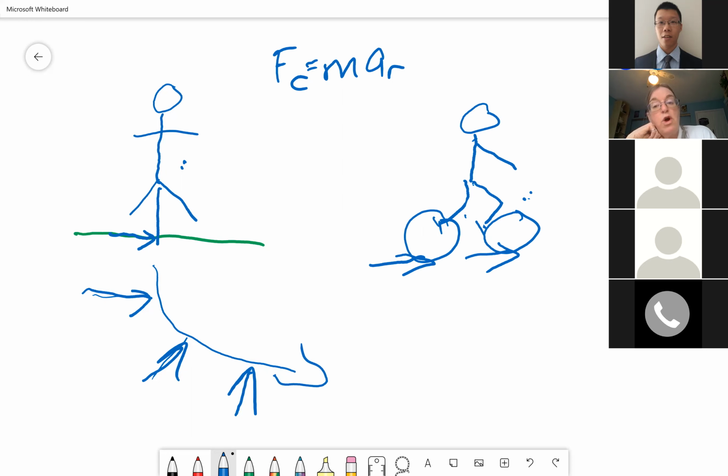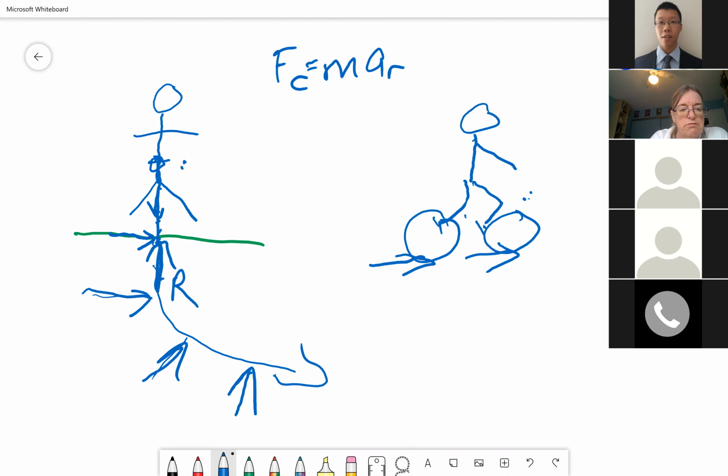Is that correct? No. If you're actually making the turn, then the main reason you are tipping is because you've got your center of gravity here. If I'm not tipping, then you can see that this force, this reaction force, is going to go straight.